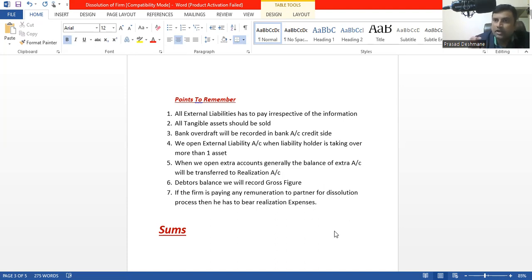Help us to dissolve the business, sell the assets as soon as possible and pay the liabilities." For that we allow him some remuneration, a kind of salary. Once we pay a salary to a partner for the dissolution process, any dissolution expenses that come, he has to bear from his own pocket. Clear?